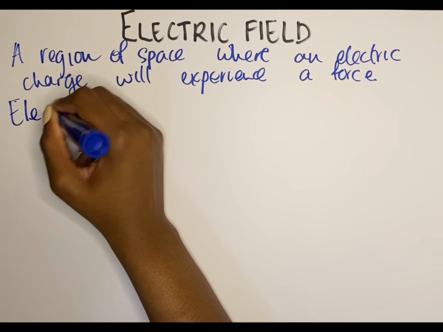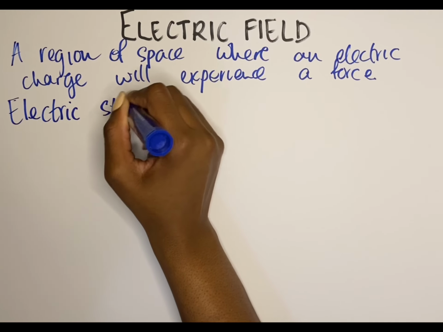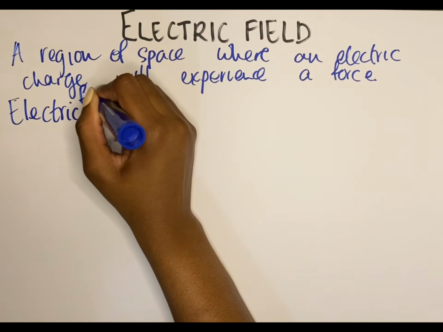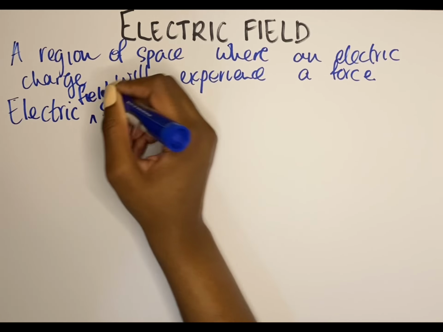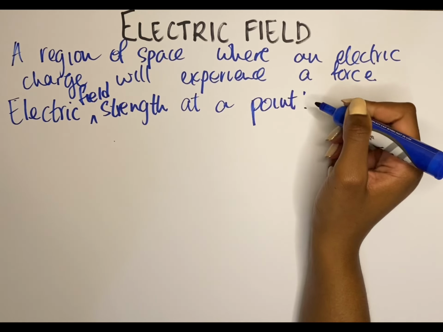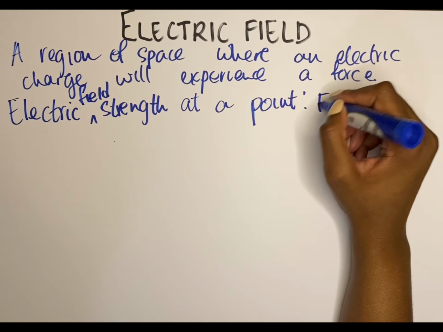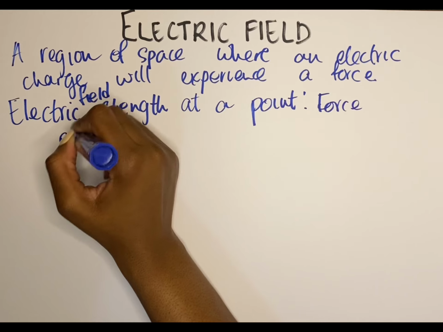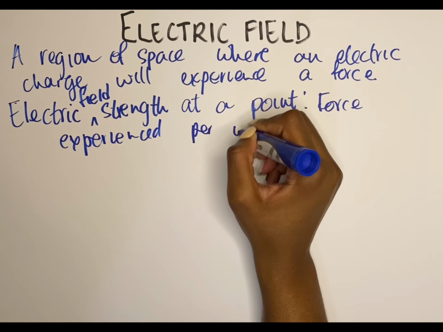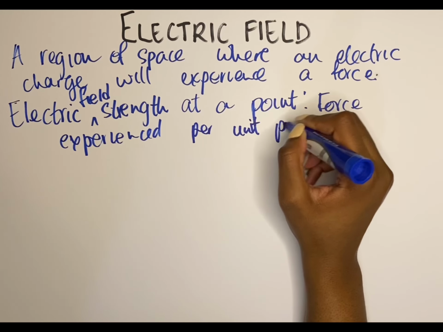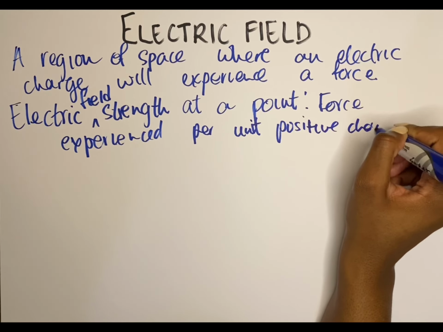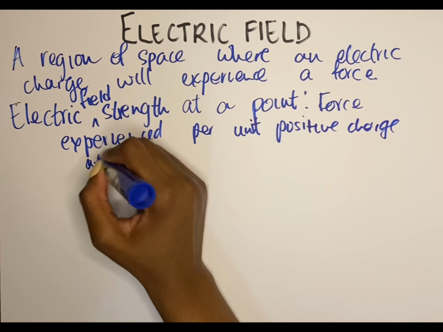Before I look at the examples, let's look at electric field strength at a point. It's the force experienced per unit positive charge at that point.